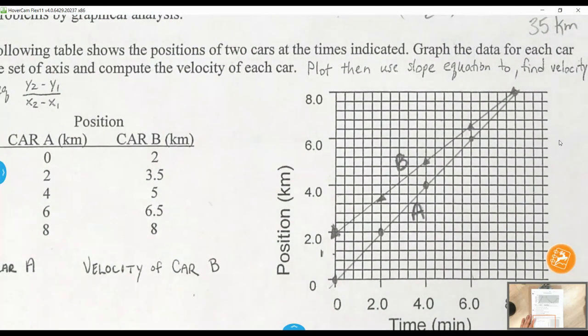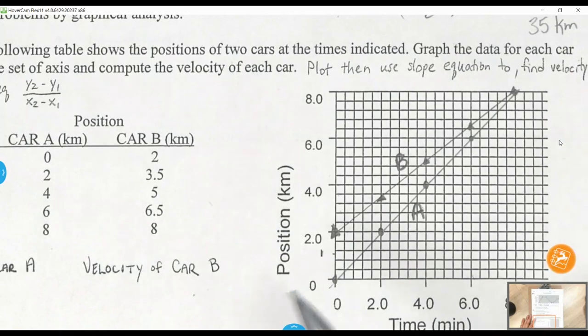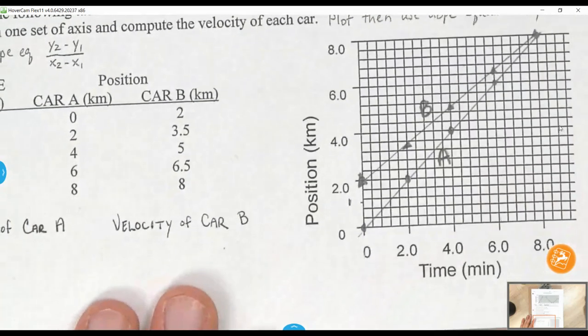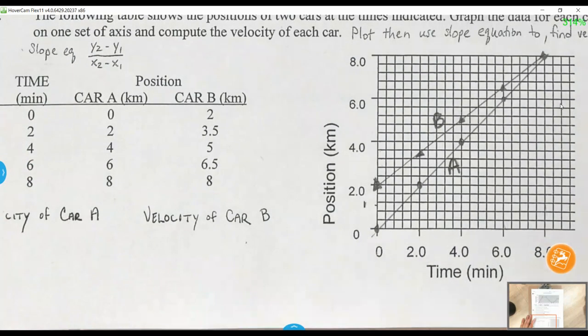All right. So plot those and then use your slope equation to find the velocity. You can pick technically any 2 points. So velocity of car A. For this, final position minus initial position.